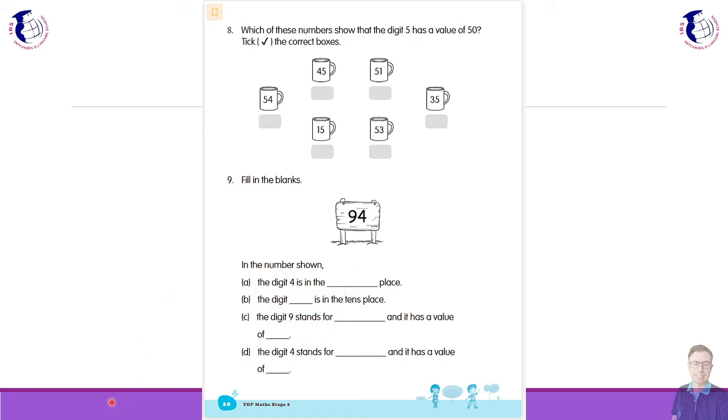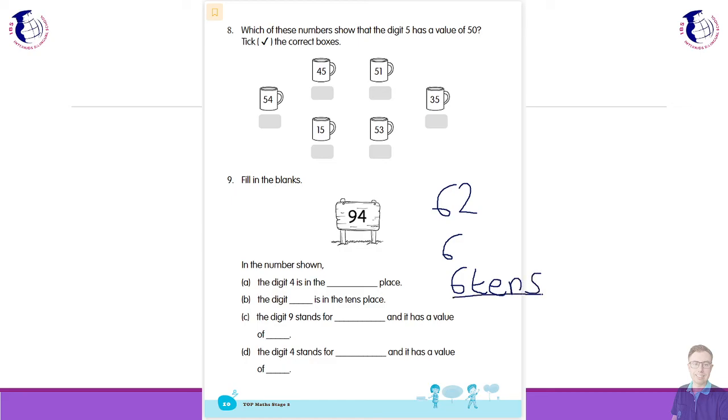Let's do an example for this, because it can be a little confusing. So let's say I had the number 62. So I would say the digit 6 would stand for 6 tens.